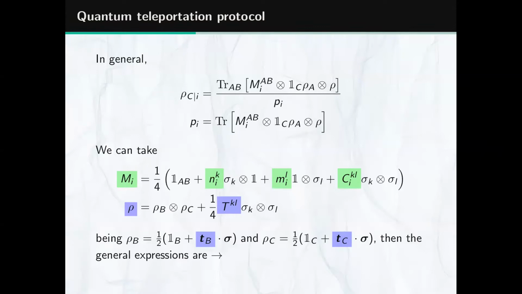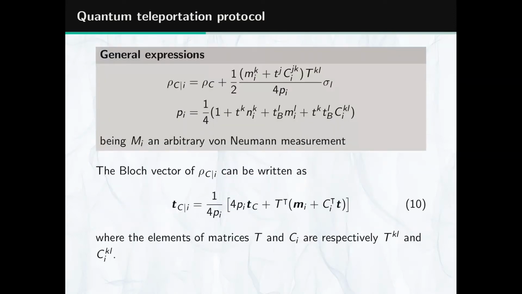And what happens if, as the resource state, this state is a general one, given by these marginal states and this covariance matrix? Then the expressions of the conditional states are the following.